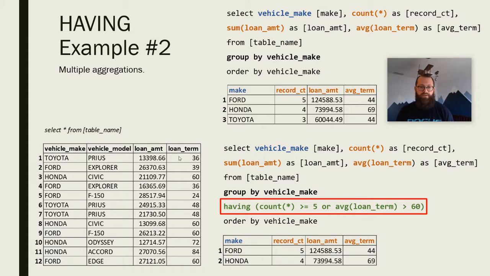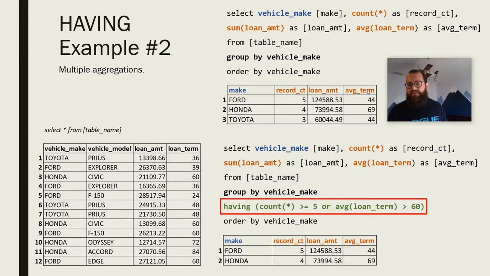And then your loan term, the average of 36 and 48 and 48 is 44. We did discuss previously that if this is an integer value, data precedence in SQL is going to supply an integer value for the output.